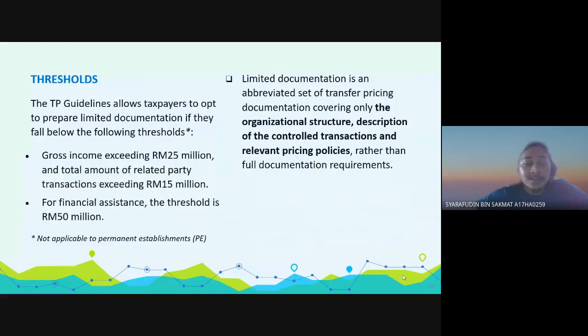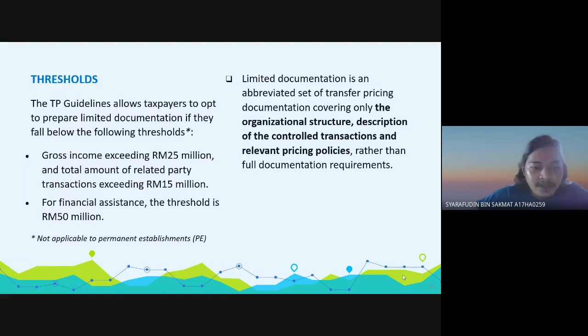However, there are thresholds within the scope which determine when a company must have this information in the general documentation. They say that for those whose gross income exceeds 25 million and the total amount of related party transactions exceeds 15 million, and for those who offer financial assistance, the threshold is 50 million.